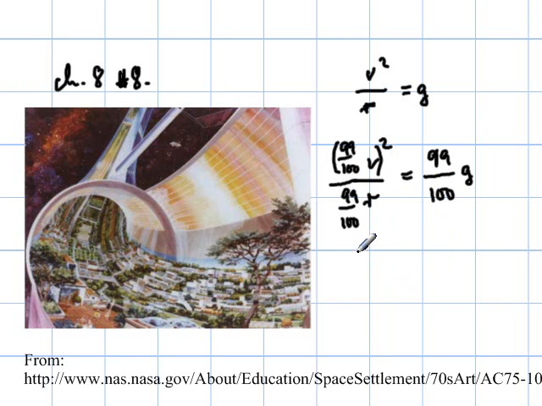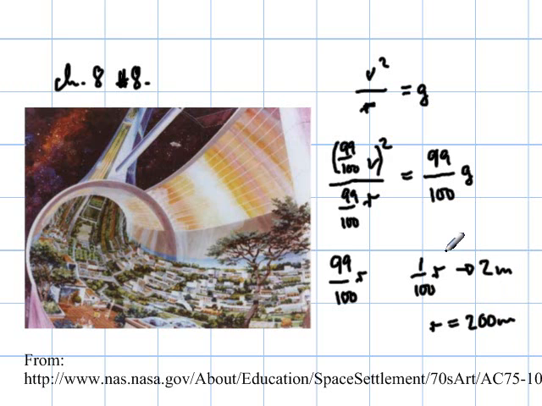And now we say, okay, the radius at the head is just 100th further in of this radius. So 99 over 100th r means that we have a variation of 100th of a radius, and that is equivalent to 2 meters, and that means that r equals 2 meters times that 100, which comes out to 200 meters.